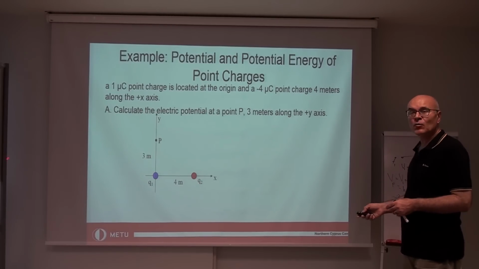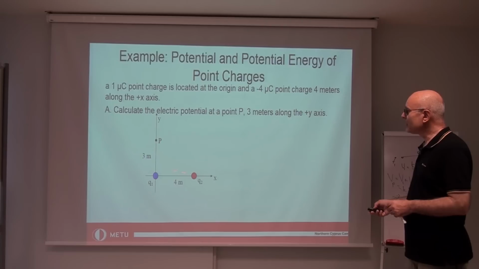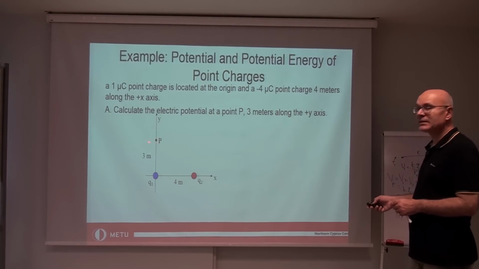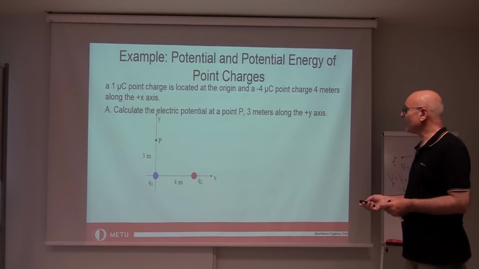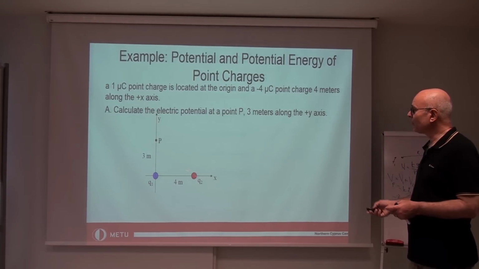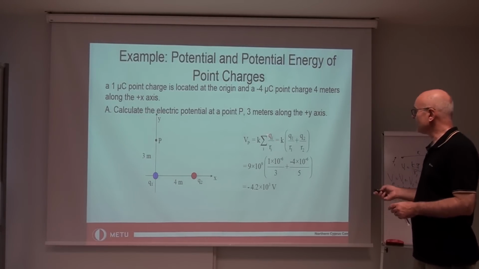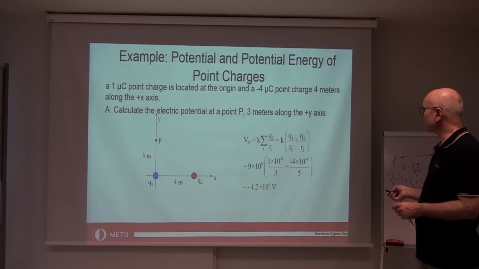I want to find the potential, not the potential energy, of the system of 2 point charges at point P here. Well, it is just the formula that we have derived. You find the potential of each one of them and add them up. And the result is this: you sum from 1 to 2, so Q1 over R1 plus Q2 over R2.